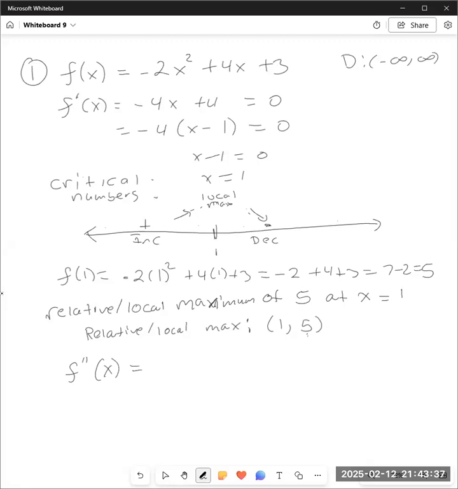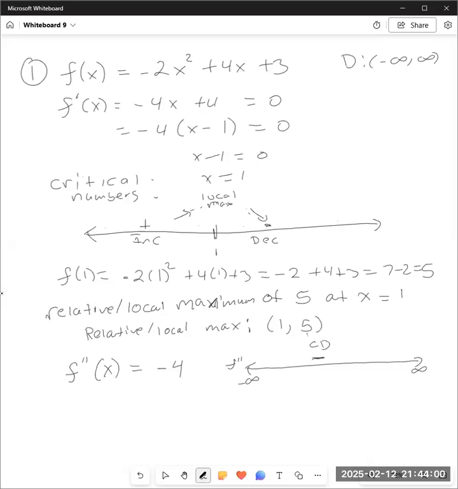So we've talked about higher order derivatives. Our second derivative is negative 4, and that happens across the entire real number line. The second derivative is negative, meaning that we are what's called concave down.